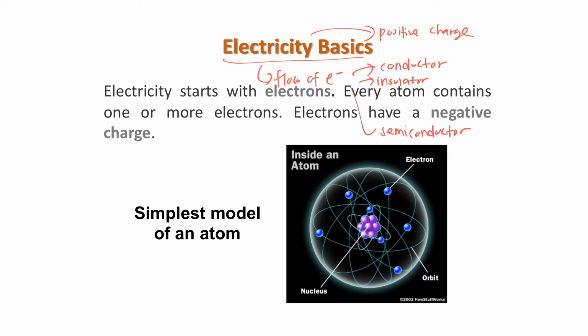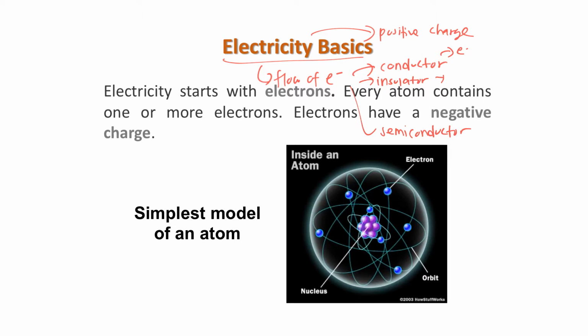The difference between these materials is, in conductors, the electron is free to move and doesn't tightly bond to the nucleus. For the insulator, electron hardly moves, or we can say there's no free electron to move. That's the reason why insulator is not a good electric material.